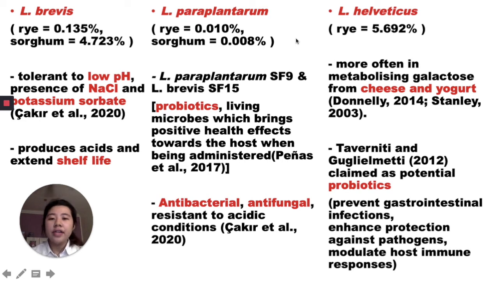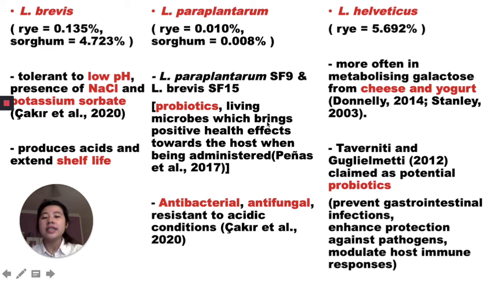It is collectively known as probiotics together with Lactobacillus brevis, with these 2 strains. Probiotics are living microbes which bring positive health effects towards the host when they are administered. Some common examples of food products having probiotics are Yakult, Vitagen, and yogurt or yogurt drinks.